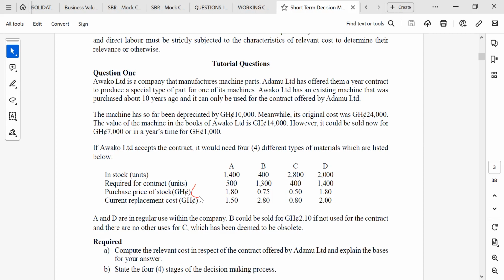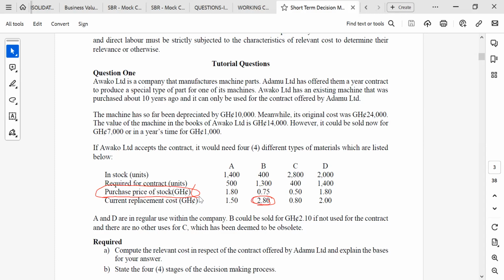So let's use the current price as the 2.80. So the purchase price will always be, they will add it as a historical cost. So that is the cost of the material at the time that you purchase it. So let's use the current cost, assuming that the purchase price is the historical cost. Okay. So this is the current price, 2.8.